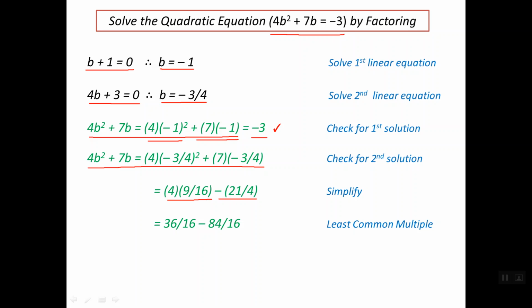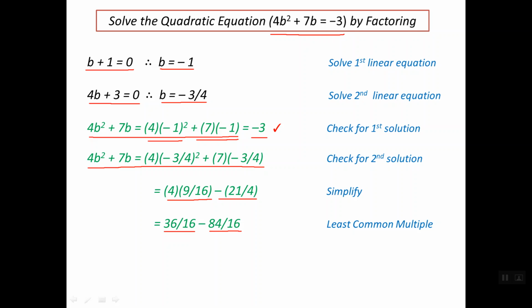So the denominator in the first term stays 16, so 4 times 9 is 36. And regarding the second fraction, we multiply both the numerator and denominator by 4 in order to reach a denominator of 16. So 21 times 4 is 84, and 4 times 4 is equal to 16.